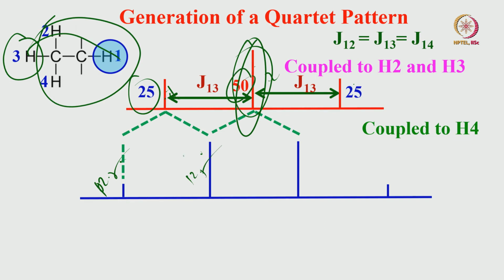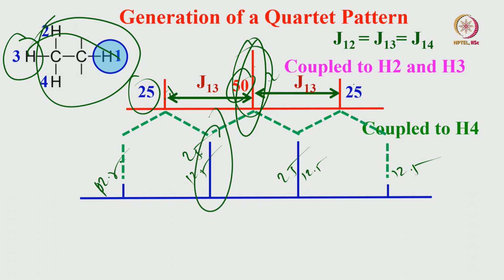This 50 became 25 here, 25 here, and then this will again become 12.5 and 12.5. Here 3 lines of intensity 12.5 are overlapped, 2 from here, 1 from here, here 2 lines from here, 1 from here overlapped. Now what is the total intensity? This is 12.5, this is 37.5, 37.5 and 12.5.